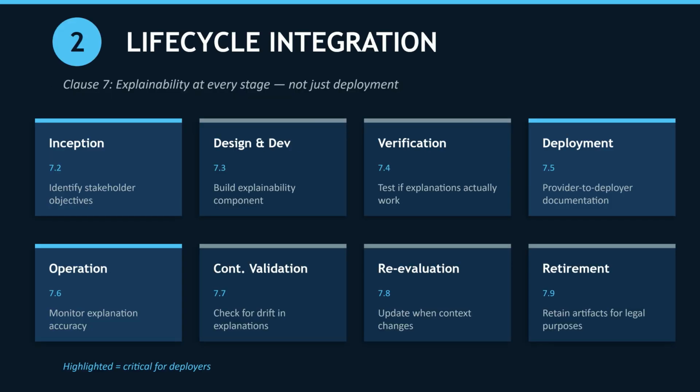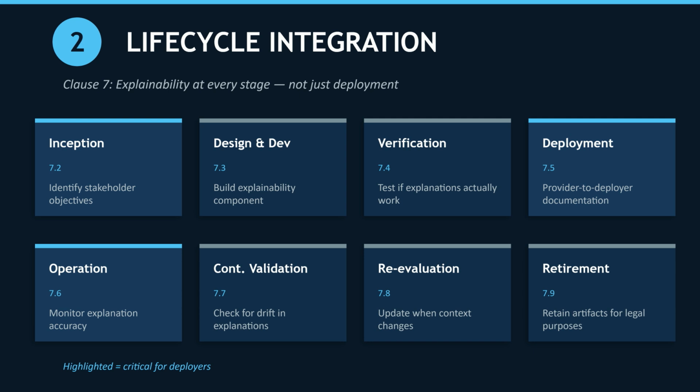The second thing 6254 does is map explainability across the entire AI system lifecycle in Clause 7. Most organizations only think about explainability at deployment. When a regulator asks questions or a customer complains, ISO 6254 says that's far too late. You need to consider explainability at inception. That's where you identify what stakeholders need.